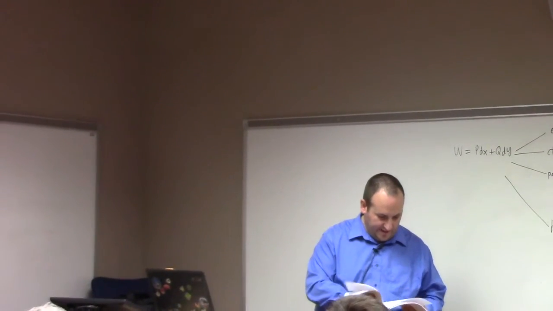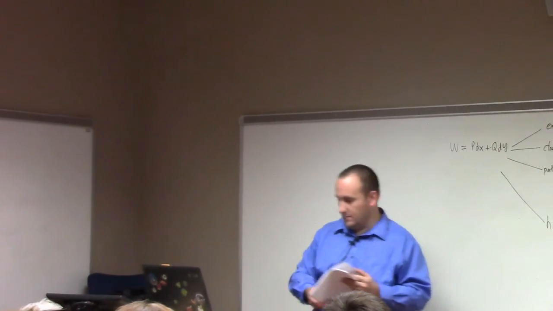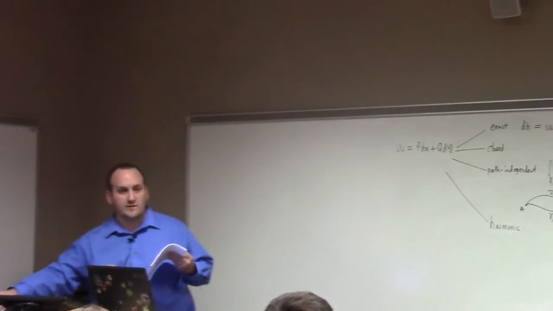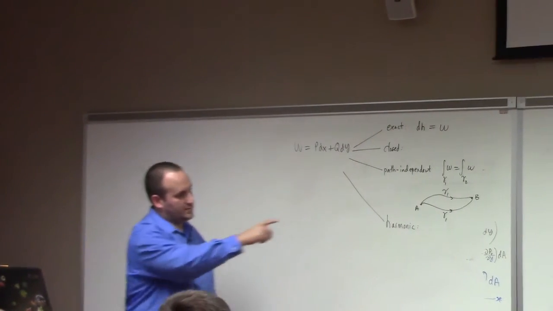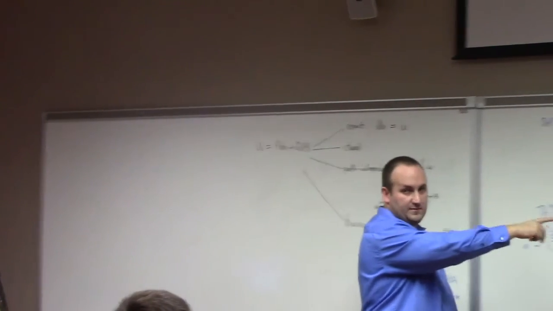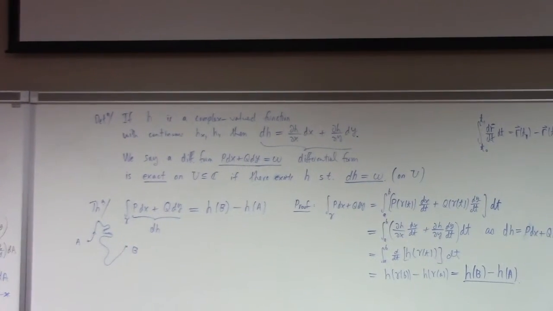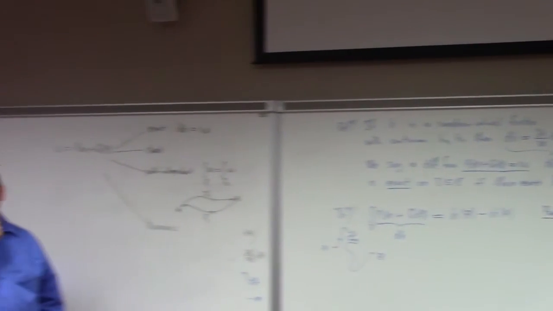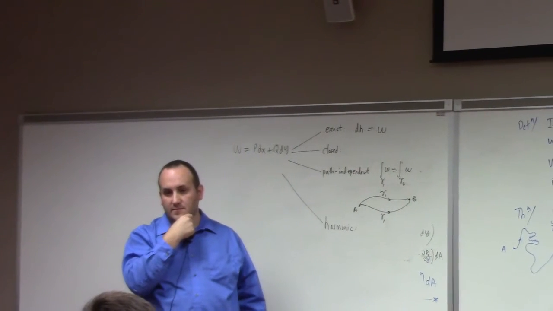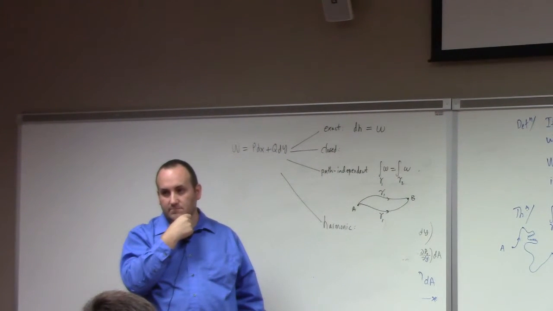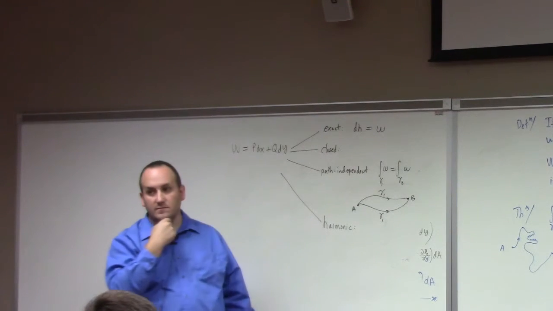All right, so we got exact. What did we just show? If it's exact, what do you get? This theorem right here, right? So does exact imply path independent? Look at this theorem.